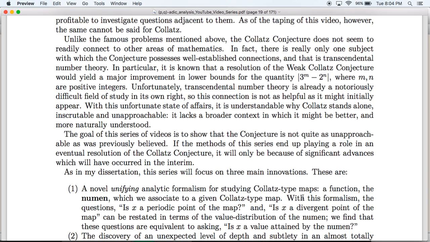So with my formalism, the questions "is x a periodic point of our Collatz-type map?" and "is x a divergent point of our Collatz-type map?" can be restated in terms of the value distribution of this Newman function. We find that these questions are equivalent to asking, is x a value attained by the Newman?